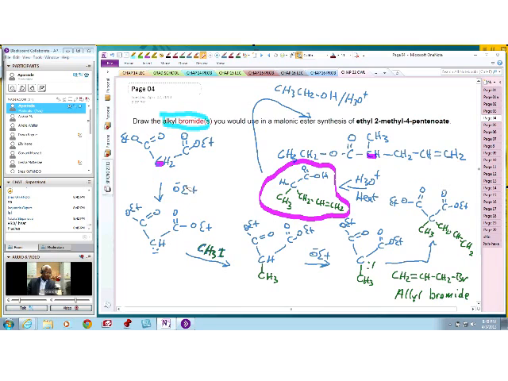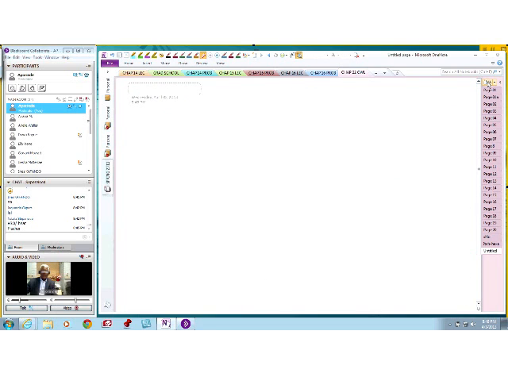So let me make this easy for you. Let me go to a blank page. Okay, so without going through the mechanism, you could very well do this in an exam. What we did now, you could just do this. You could say, step 1, ethoxide. Step 2, iodide.